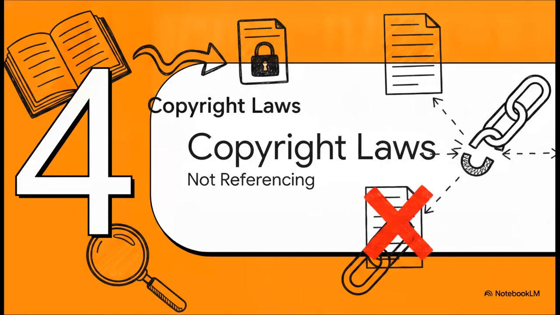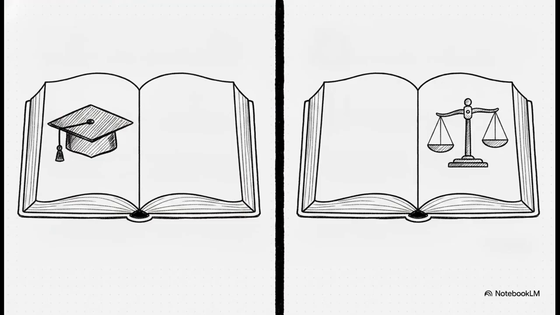Now, let's hit a major plot twist in Section 4, copyright laws and why copyright is absolutely not the same as referencing. Slowing down for a second here, because this trips up so many people. It is absolutely vital to understand that legally securing copyright permission is entirely separate from the academic act of referencing. Referencing protects you from plagiarism and shows your research trail, right?